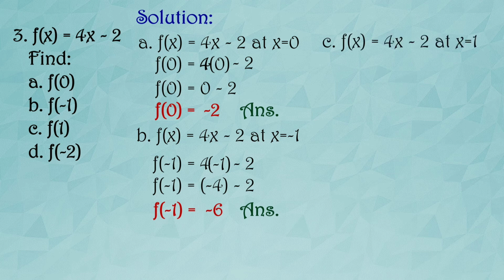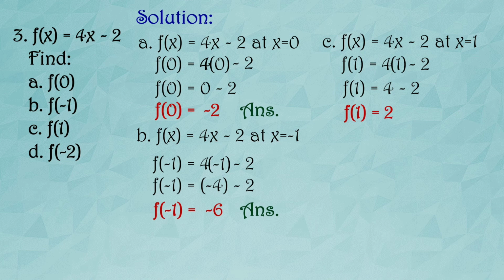Next, f of x equals 4x minus 2 at x equals 1. We replace x with 1. So, 4 times 1 equals 4. It becomes 4 minus 2, which equals 2. The value of the function at x equals 1 is 2.